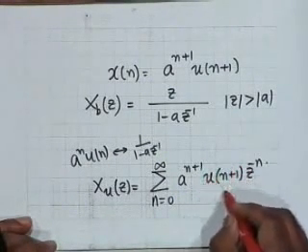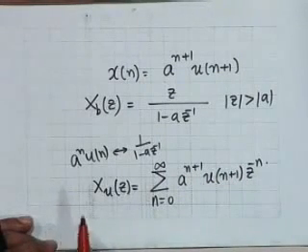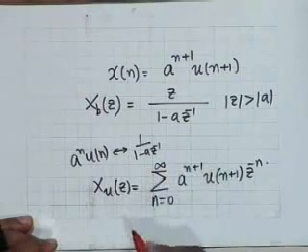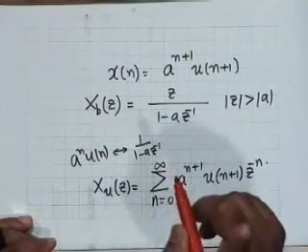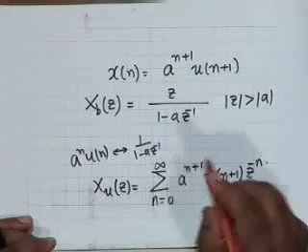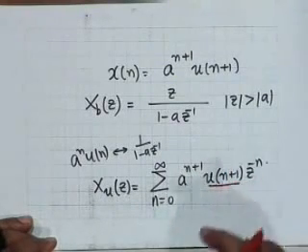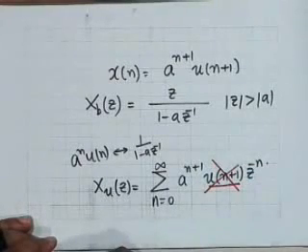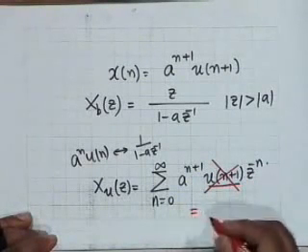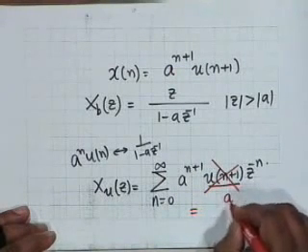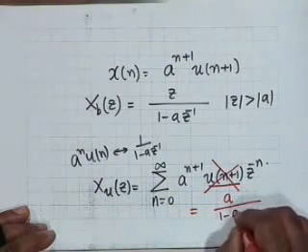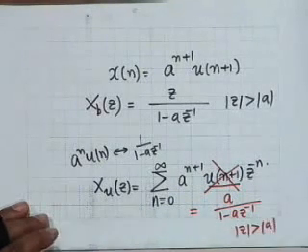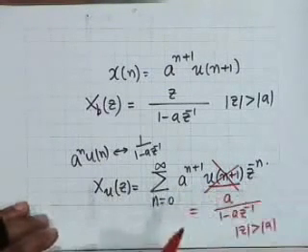Obviously, since u of n plus 1 starts at minus 1, its value between n equal to 0 and infinity is simply 1, so I could as well replace this by 1. And you can easily see that this is simply a divided by 1 minus a z inverse, with the same region of convergence, mod z greater than mod a. Otherwise you cannot sum this up.